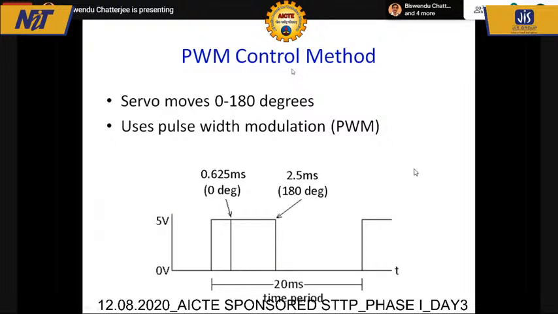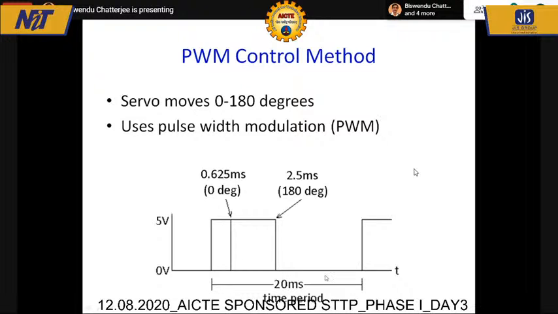Now, how to control the PWM? As I have told you, the input requires pulse width modulation, and for the 0 to 180 degree rotation, what is required in the PWM? First, the time period. A standard of 20 millisecond is required.